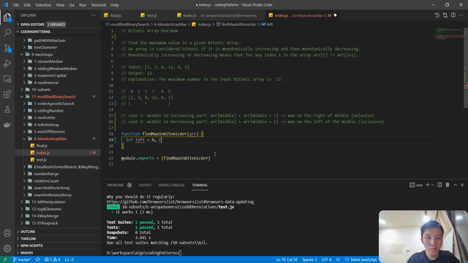Left will start from 0, right will be the last index, which is array length minus 1. We want to run a loop, and for each iteration we want to eliminate half of the current search space.